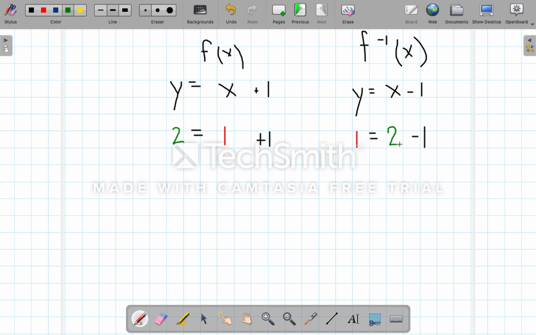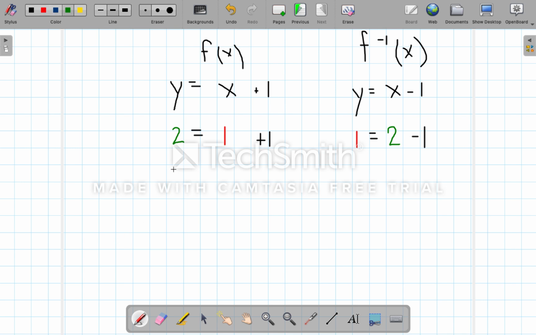So just like we've been doing throughout the entire video here, we're switching the x's and the y's. So wherever the x is here, switches to where the y is. So when you think of it in colors like this, you'll see that when we're going to the inverse function, it's just a matter of switching the two x and the y values in whatever location they need to be in.